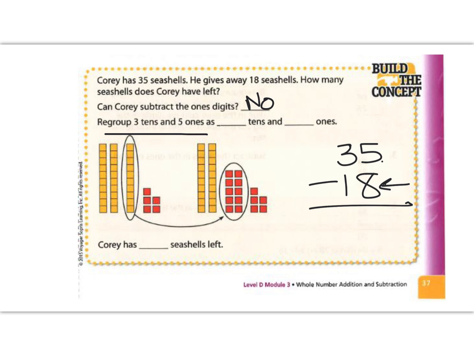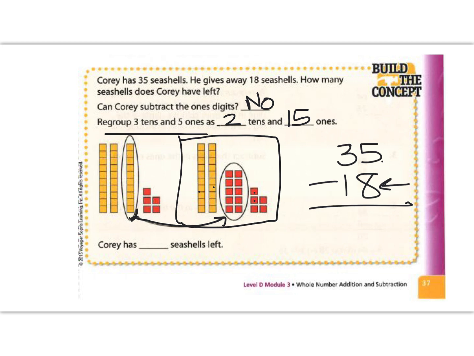So we're going to regroup this like this. We're going to take this 10 and move it over here to make it 1. So now we have 2 10s and then 10, 11, 12, 13, 14, 15 1s. So when we do that, we have to now take away 18. So here it is. Here's the picture when it's regrouped.